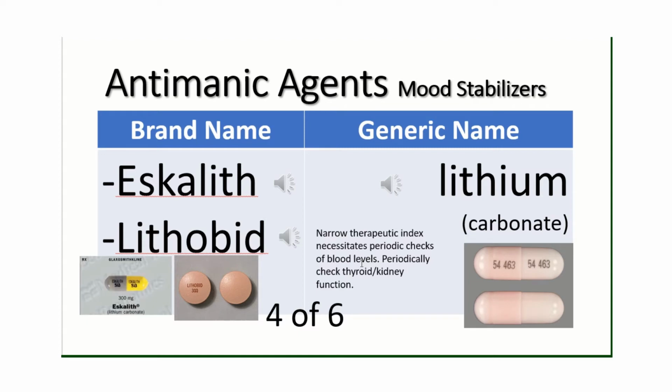The generic name for Eskalith and Lithobid is lithium carbonate. Eskalith and Lithobid and lithium are anti-manic agents. They are mood stabilizers. There's a narrow therapeutic index that necessitates periodic checks of blood levels and periodically checking thyroid and kidney function.